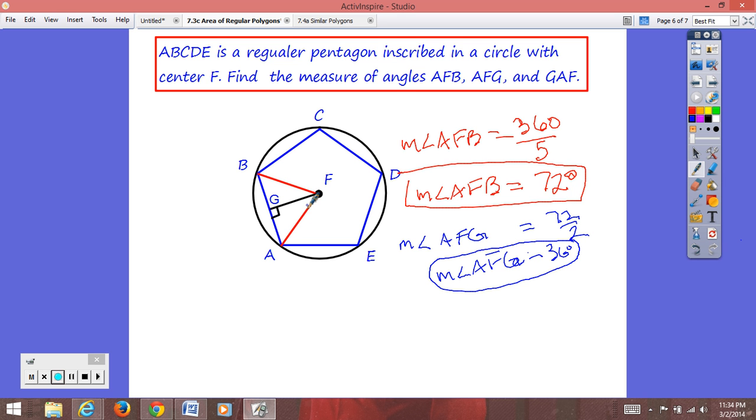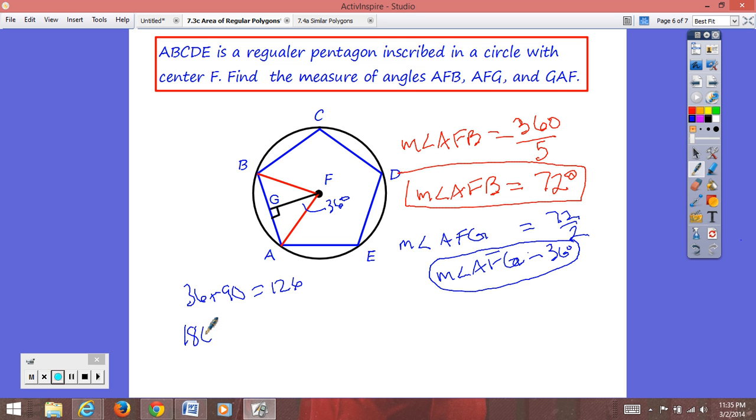So we know this is 36 degrees, and this whole angle as a whole is 72. To find the measure of angle GAF, we simply need to add up these two angles and subtract from 180. So 36 plus 90 gives us 126.